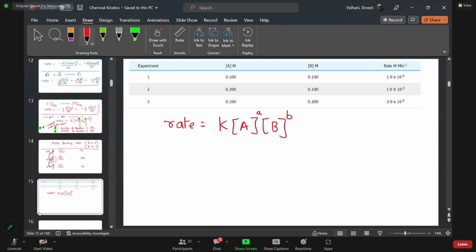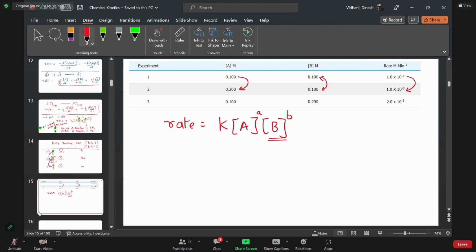When I keep my concentration of B constant, this concentration is not affecting my rate. When I double the concentration of A, do you see any change in the rate? No, there is no change.